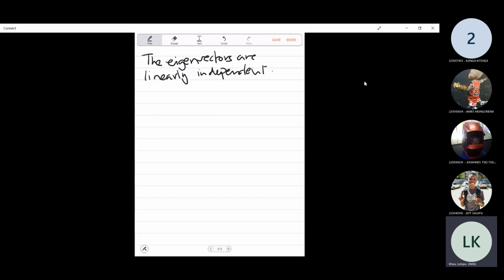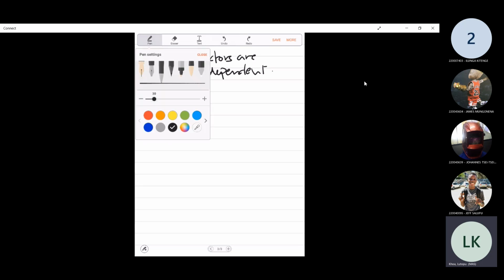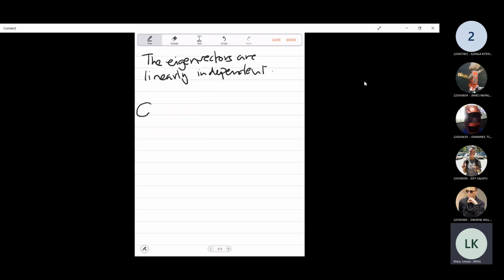I'm looking at differential equations. So you have seen these before.